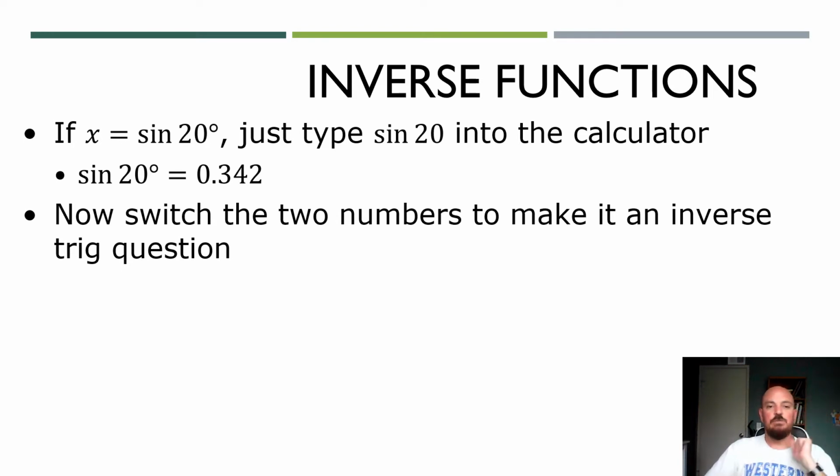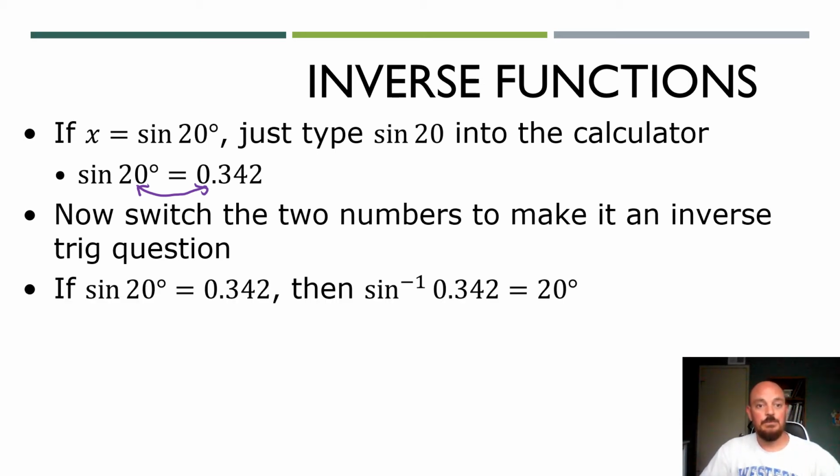Now let's switch the 2 numbers. What I mean by switching the 2 numbers is, you take the 20, you move it over here. You take the 0.342, you move it over here. By doing that, it actually turns it into an inverse trig equation.